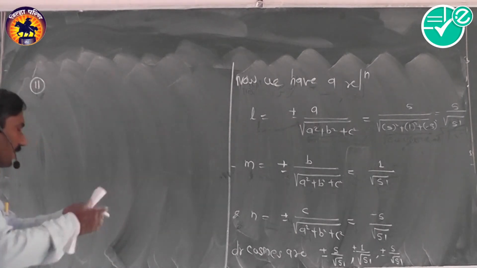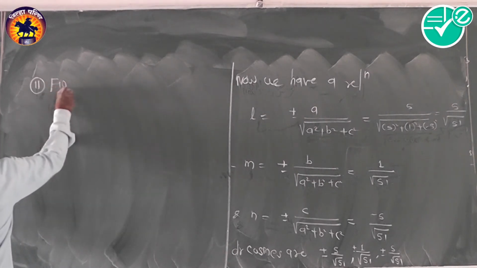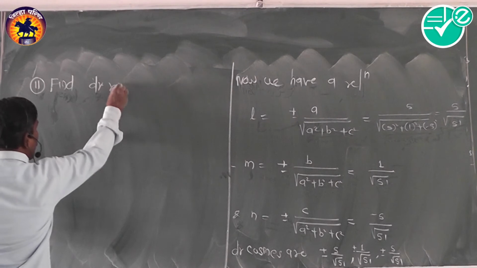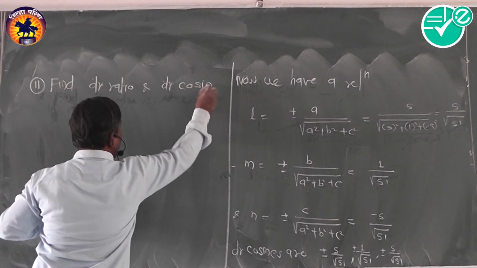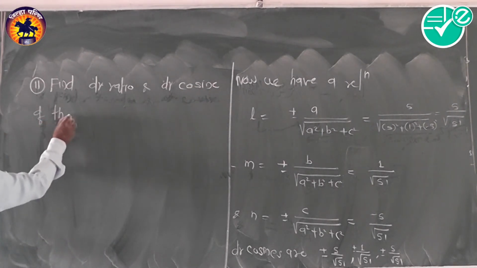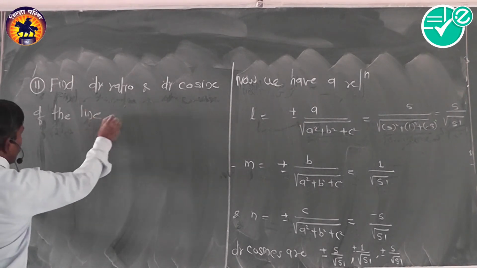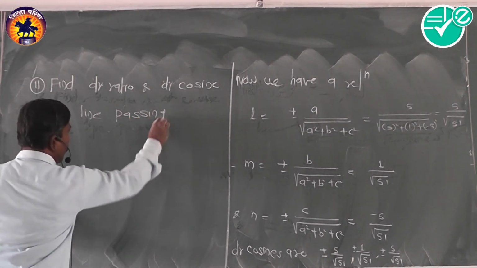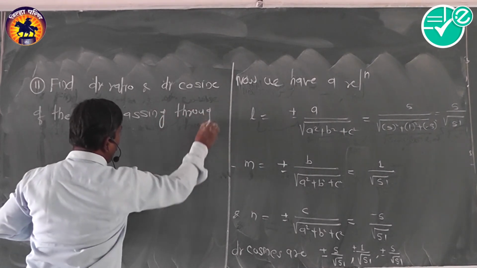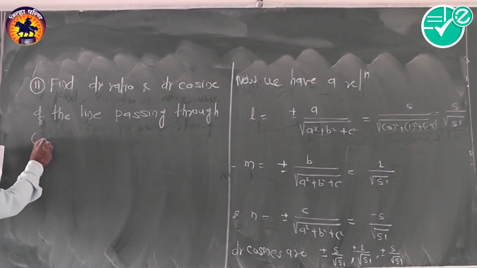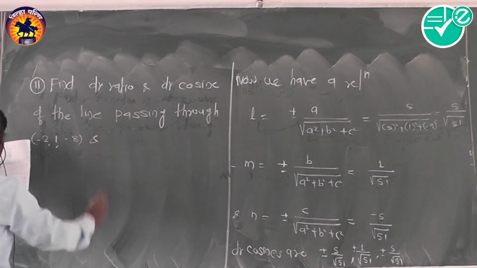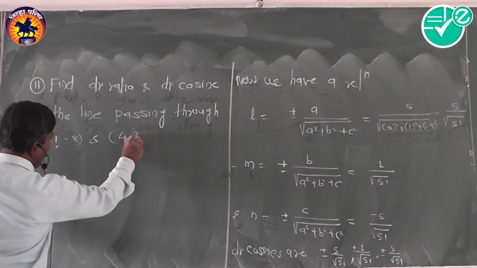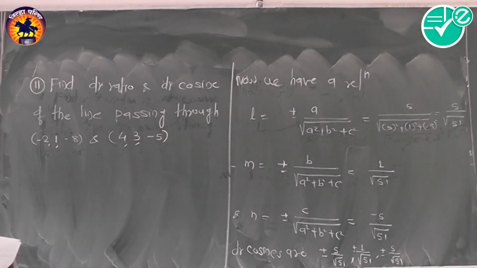Find the direction ratios and direction cosines of the line passing through the points -2, 1, -8 and 4, 3, -5. Solution.